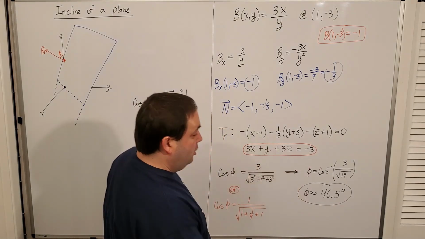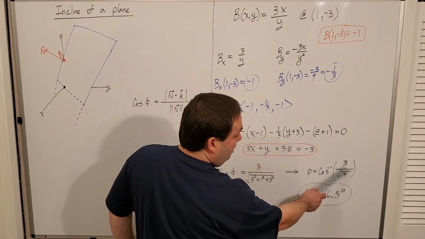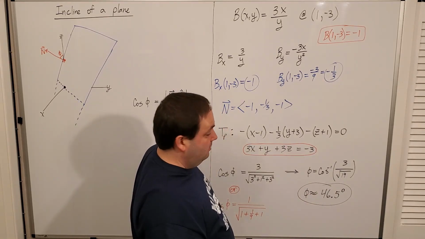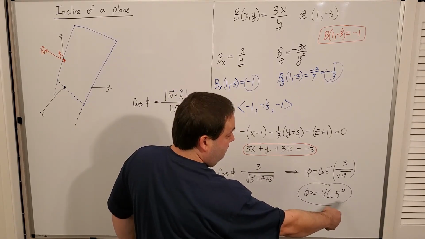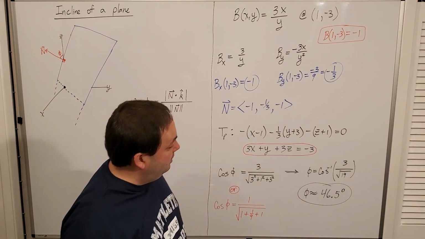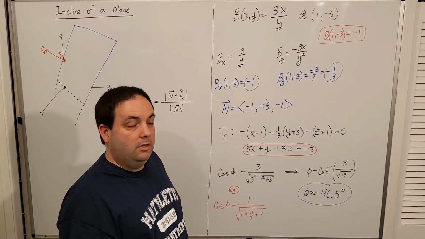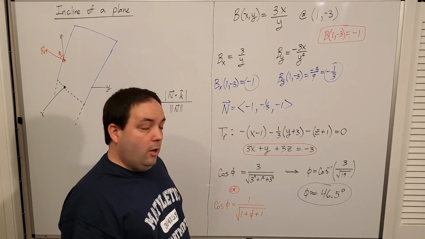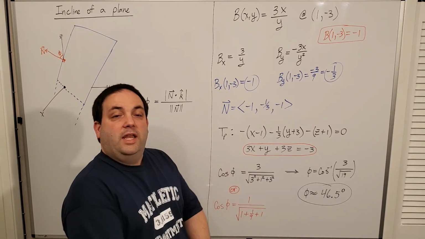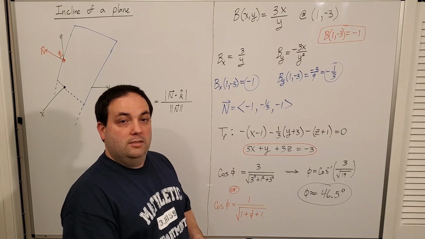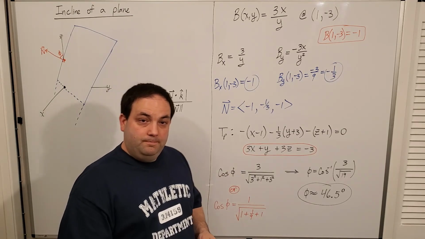Either way, you're going to end up doing the inverse cosine of 3 over the square root of 19, and the angle between the z-axis and your plane is going to be 46.5 degrees. Sort of have the same incline, okay? So I hope this has helped you understand tangent planes and normal lines to surfaces.